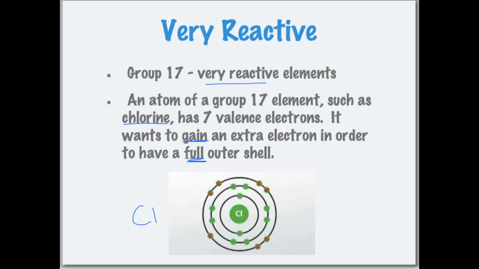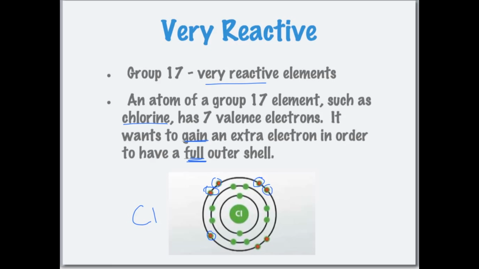So if I look at this diagram, I see that there are 3 energy levels, and I know this third energy level is going to hold a maximum of 8 electrons. Well, if I look right now, I have 7 valence electrons.